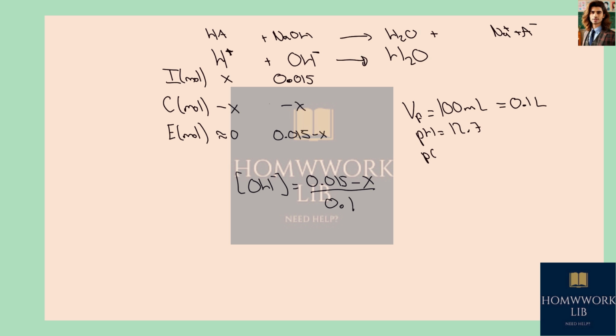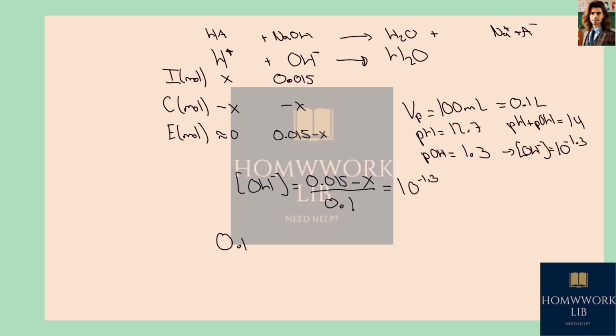That means that my pOH, by using the relationship pH plus pOH equal to 14, needs to be equal to 1.3. That means that the concentration of OH minus needs to be equal to 10 to the minus 1.3, right? So we can replace that value directly and solve for X.